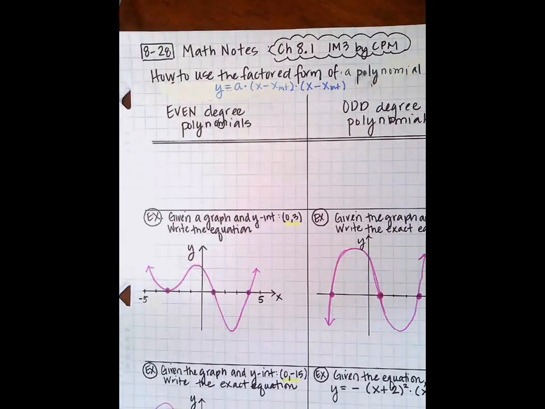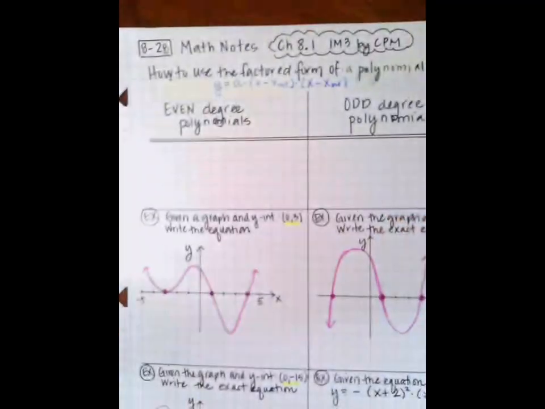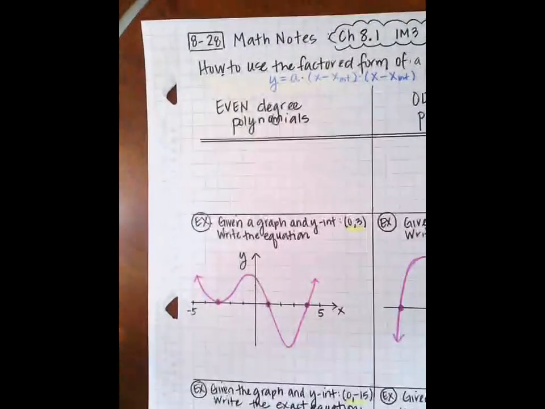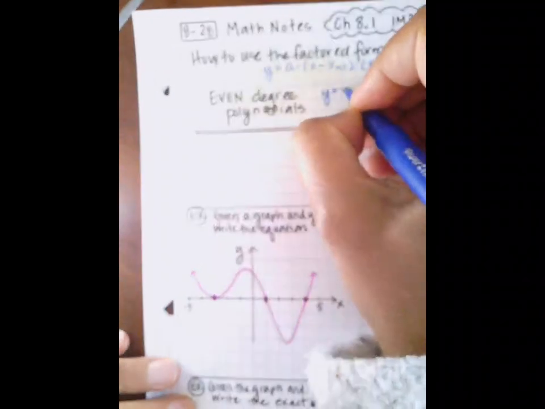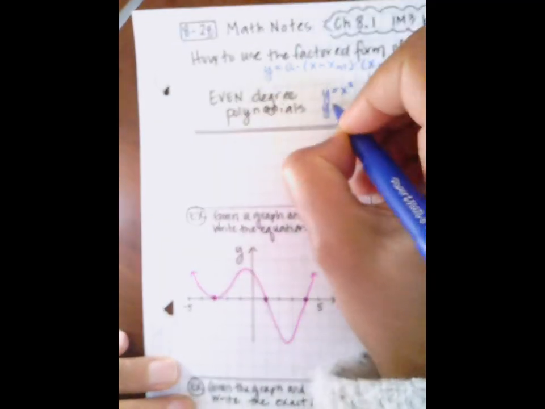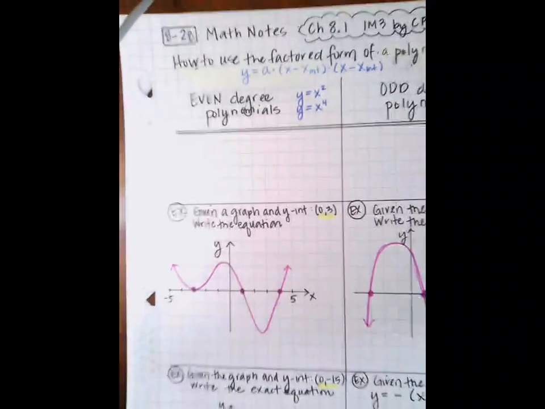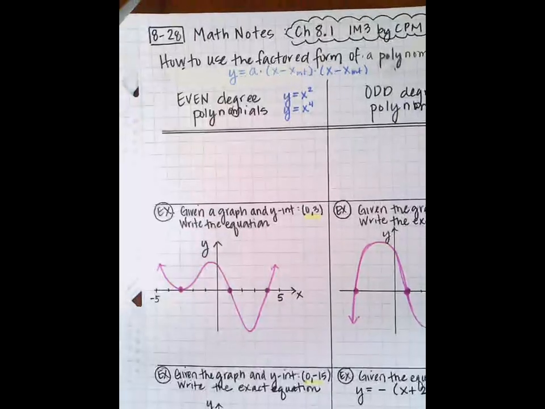And so I wanted to separate it into two different categories because depending on whether or not you're talking about an even degree polynomial. An even degree polynomial is a polynomial kind of like y equals x squared would be a great example of that. So y equals x squared or y equals x to the fourth. And again, they can have many more terms than that, but that's the term that has the largest exponent.